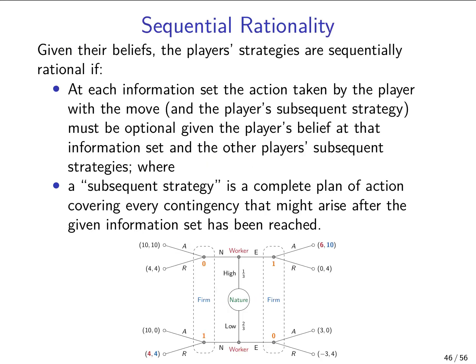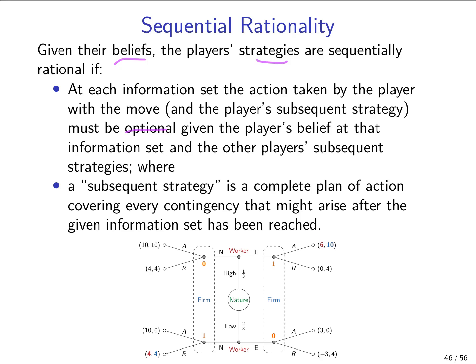Okay, so what is sequential rationality, and what strategies are sequentially rational? Well, it's sequentially rational if, given that belief, the player's strategies are optimal. Sorry, there's a typo here. It should be optimal, not optional.